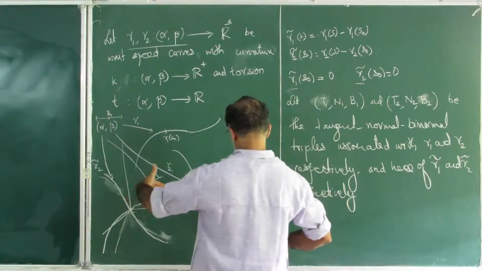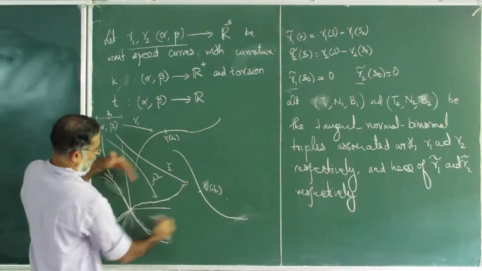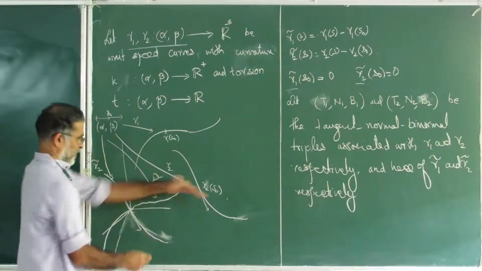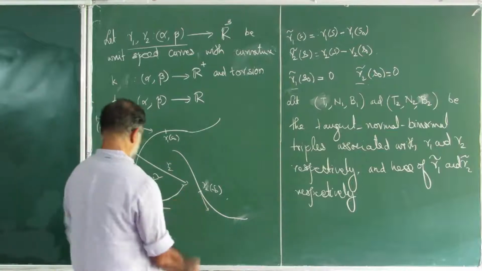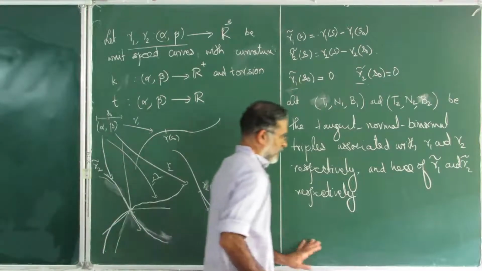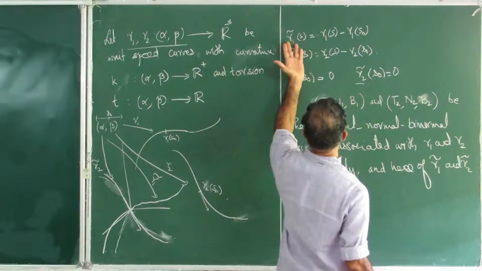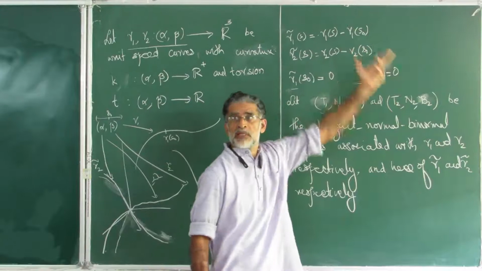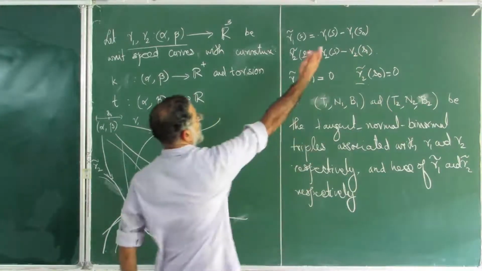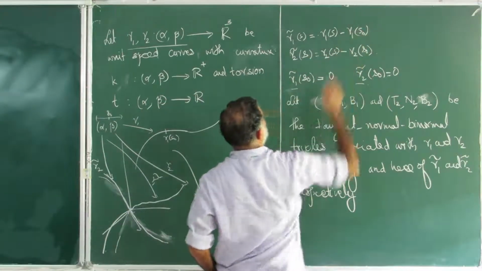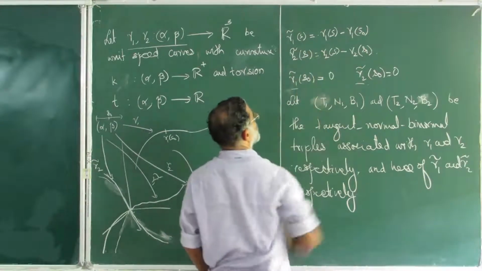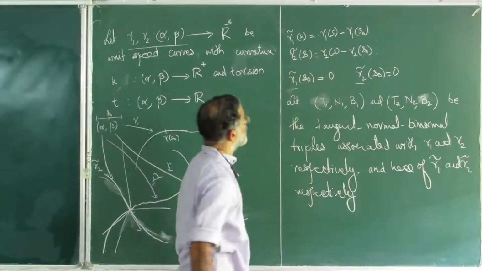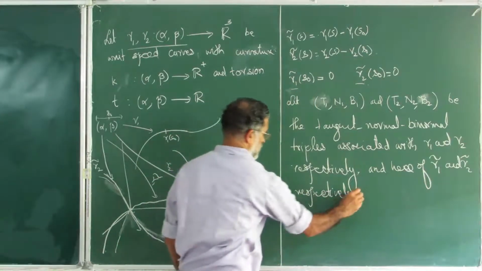Of course, if you look at the tangent itself, you can easily see it is going to be in the same direction because of the translation. Physically I drew this, but it's very easy to check. What is the derivative of gamma 1 tilde? It is gamma 1 dot, because this is a fixed vector and its derivative is 0. Similarly, gamma 2 tilde dot is gamma 2 dot. That is verified.